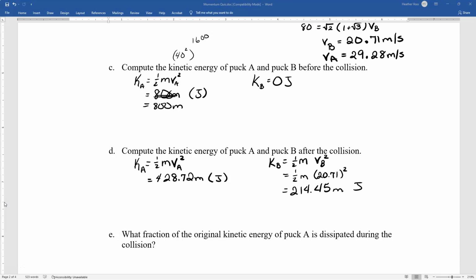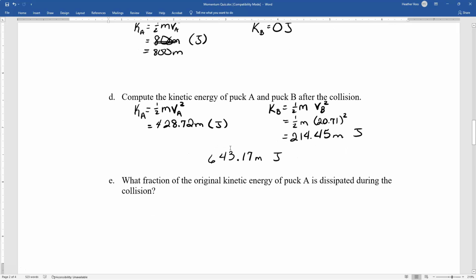If I add that to my other kinetic energy, that tells me my total kinetic energy after is going to be 643.17 times mass, joules.